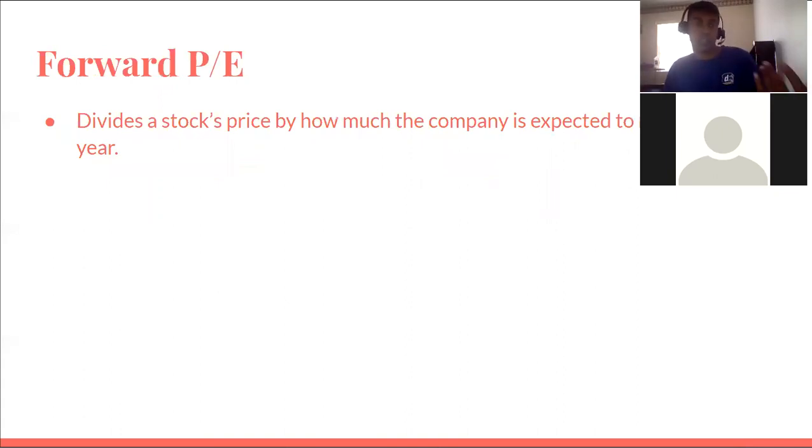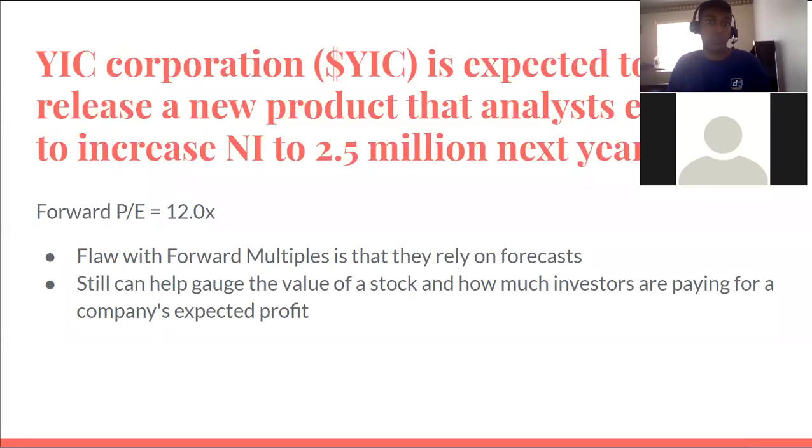For the forward PE, the formula divides a stock's price by how much the company is expected to make in the next year. An example of this would be, let's say the net income we expect to be 2.5 million instead of 2 million. So the forward PE ratio would be smaller. It would be 12 times. There is a flaw to this as well.